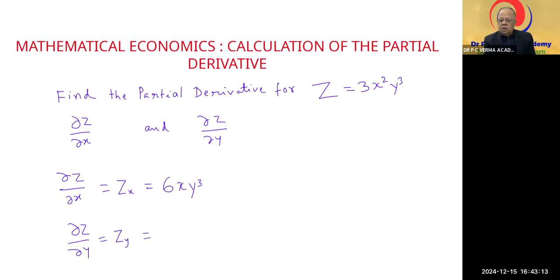So 3 is constant, and x square is constant, and you are differentiating with respect to y cube. Y cube, 3 into 3, 9, and this will be 3 minus 1, 2, y square.